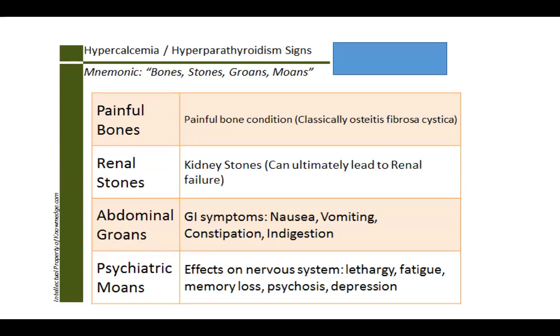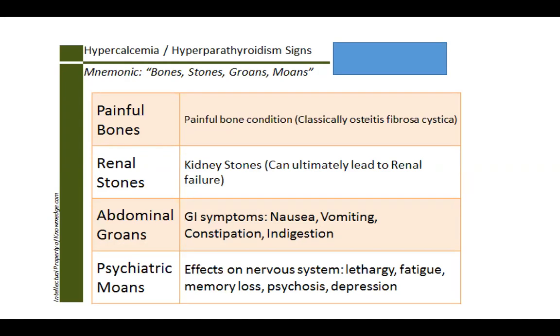What are the clinical features of hypercalcemia? So here is a very interesting mnemonic, that is bones, stones, groans, and moans. So what do we mean by this? Painful bones. Why painful bones?